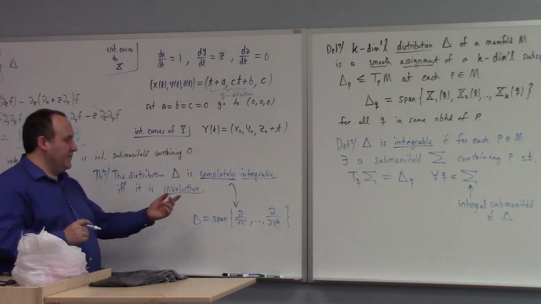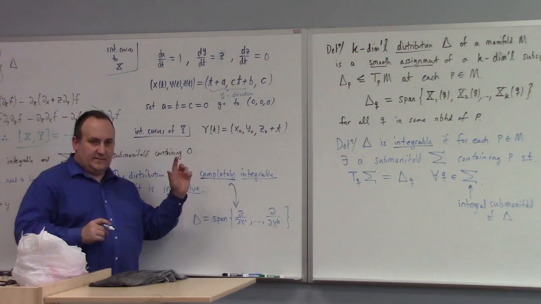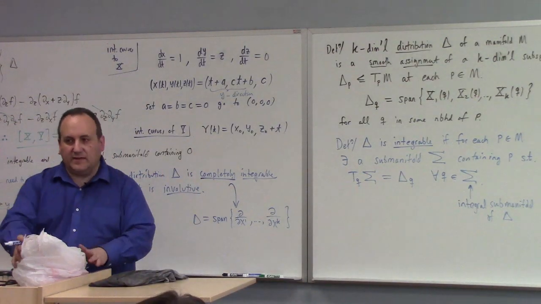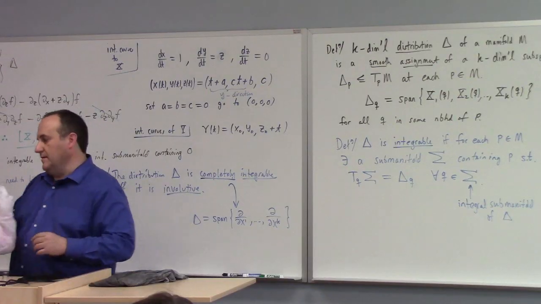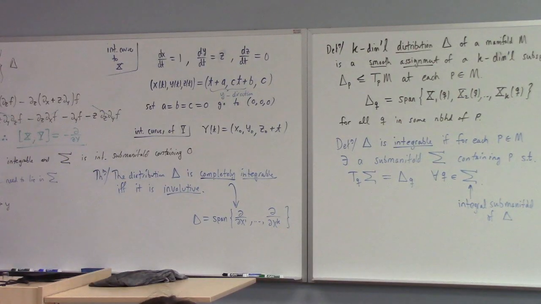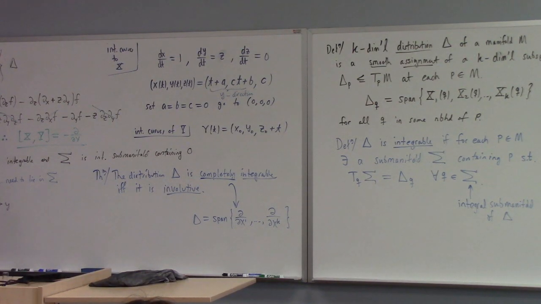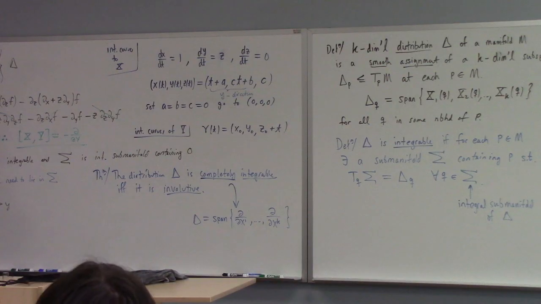So this is what completely integrable means: the distribution is such that you can pick a local coordinate system, and with respect to that system, you can use the coordinate derivations of the first k coordinates to build the distribution. That's not just any coordinate system. No, there exists a coordinate system.